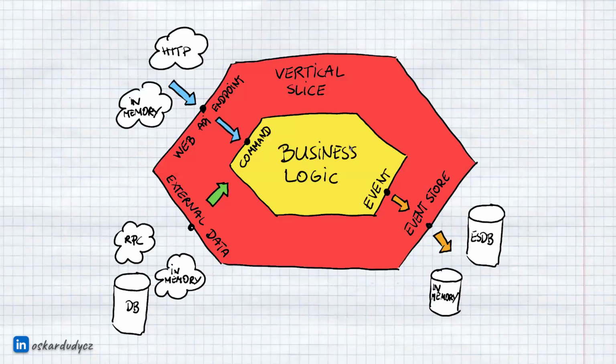So that can look quite similar to potentially hexagonal architecture, because we can represent our business logic as the centerpiece, then wrap it with the application logic or vertical slices, and then, depending on our need, connecting the external data, different way of handling our endpoints, and also different databases.